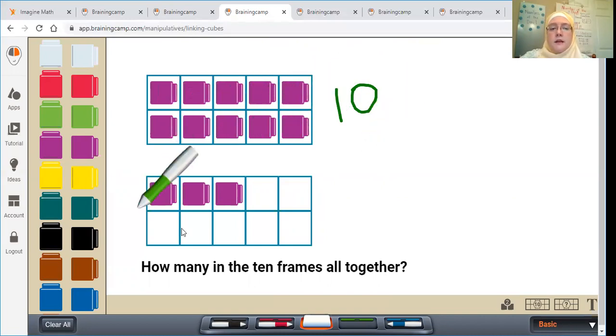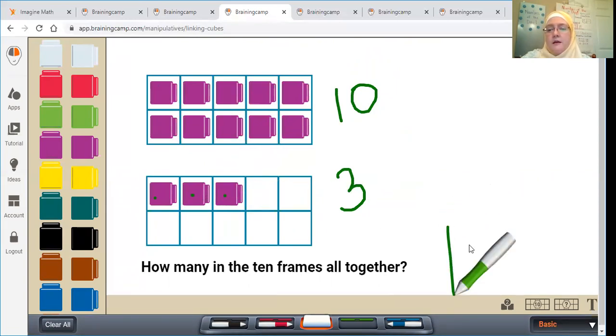And the next 10 frame has just 3 in there. 1, 2, 3. So my 10 and my 3, I can count them all together. 10 and 3 more. 10, 11, 12, 13. Good job. So all together it would make 13. That's another way we could see it.